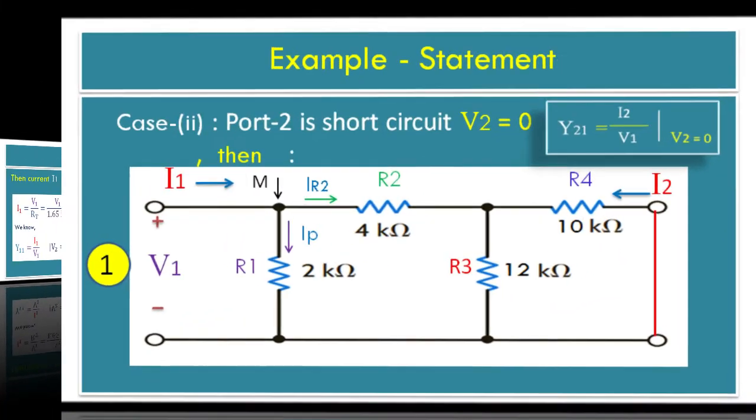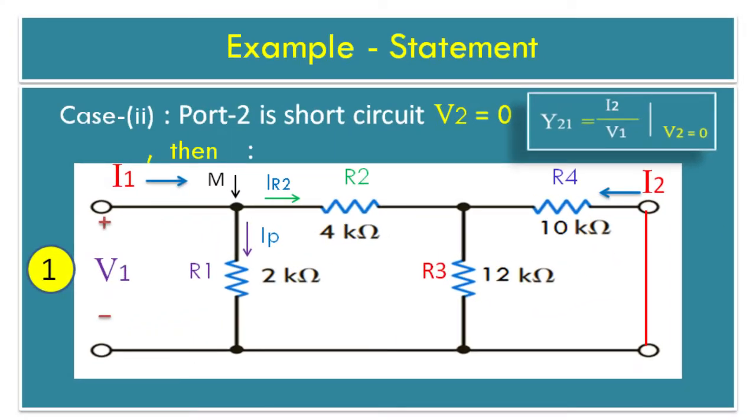Solution: case 2. Here we are obtaining short circuit admittance parameter Y21 is equal to I2 upon V1 with voltage V2 is equal to 0 at port 2, means calculate current IP and IR2 through resistances R1 and R2, then find current I2 in terms of current I1.